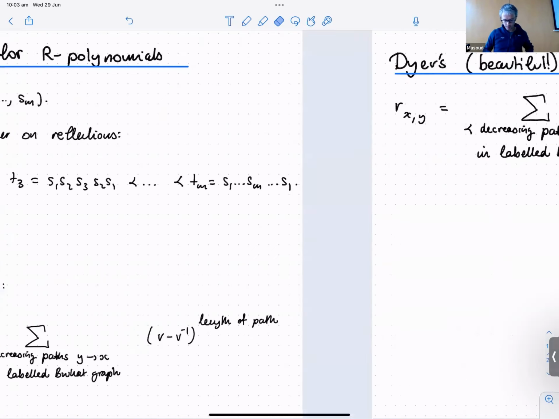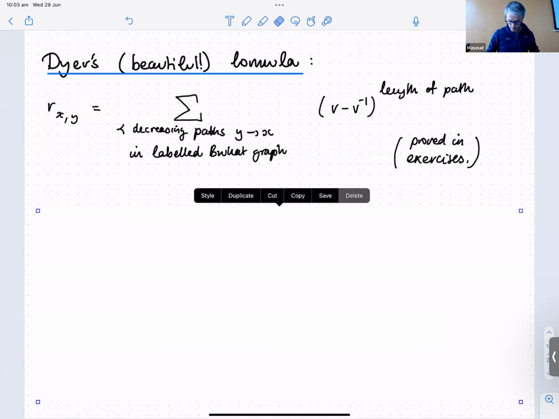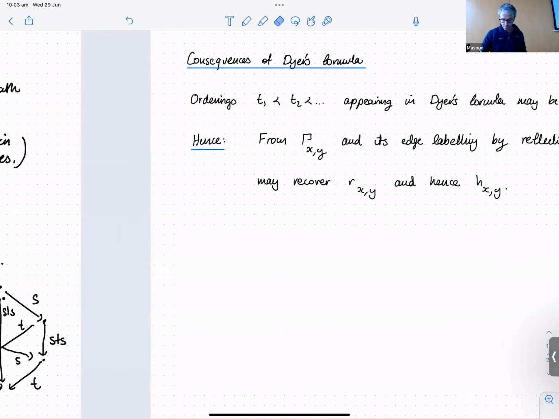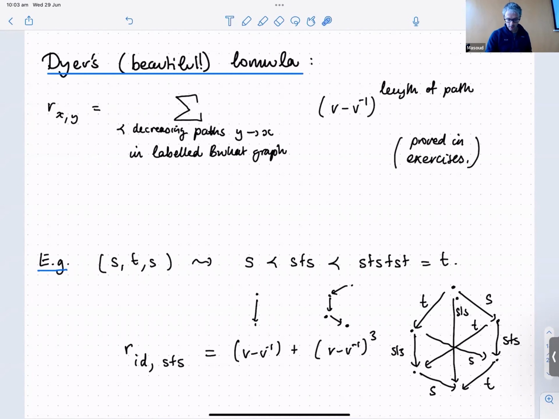So here are two examples. Okay, here's S3 again.